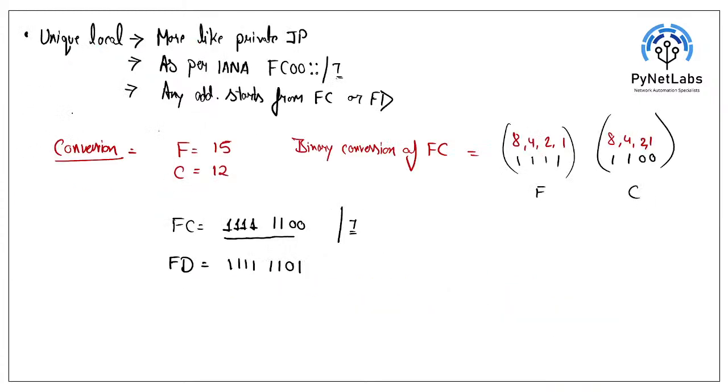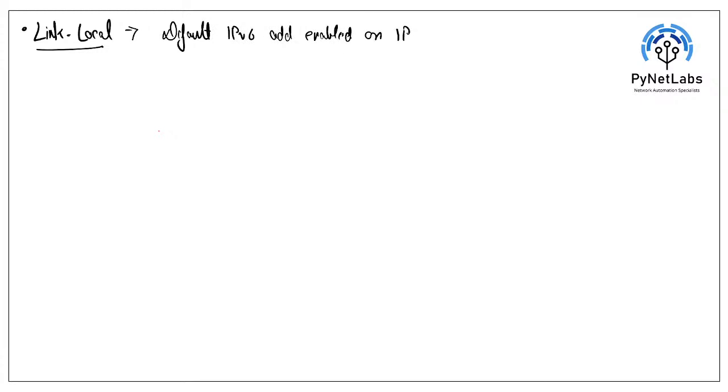Now we'll go to the third category of unicast, which is pretty important, called link local. This is the default IPv6 address enabled on an IPv6 interface. If you have assigned any IPv6 address to any interface, this link local address will be there.